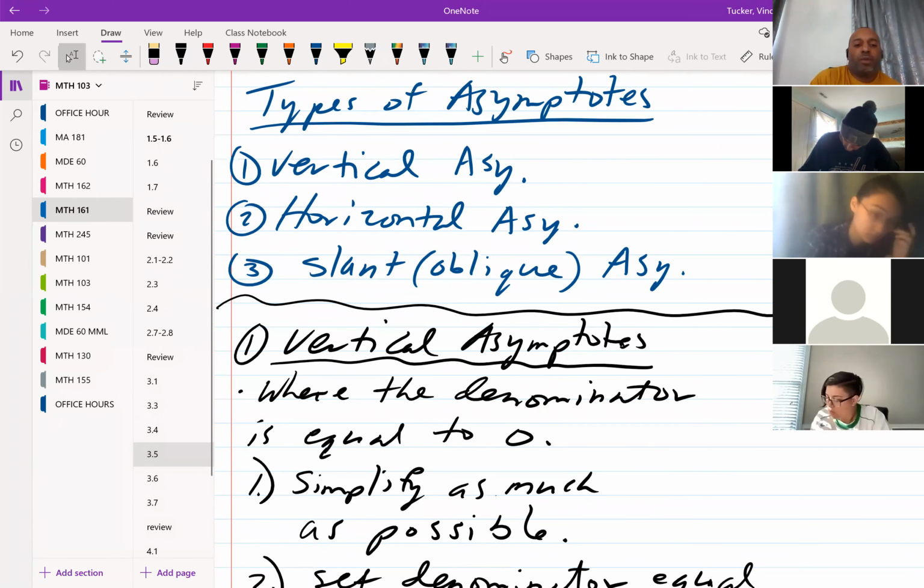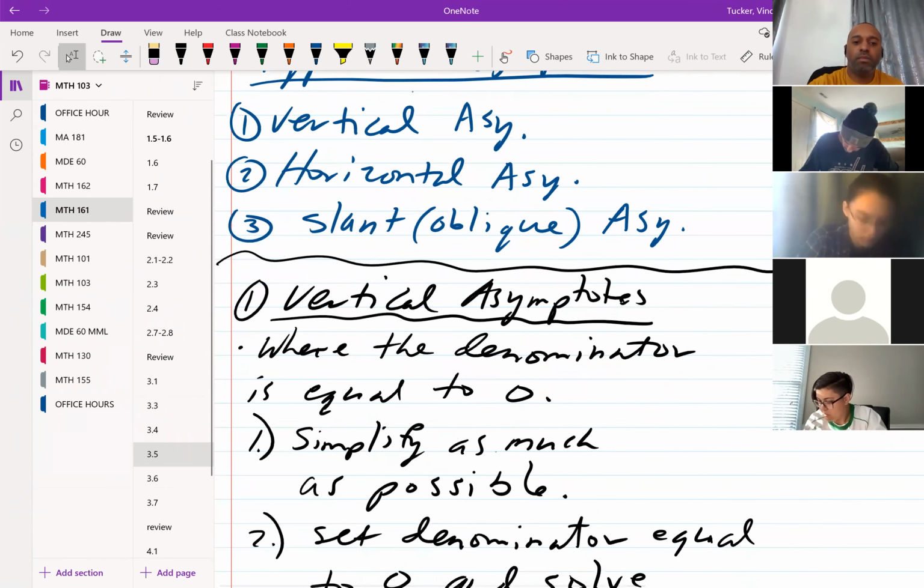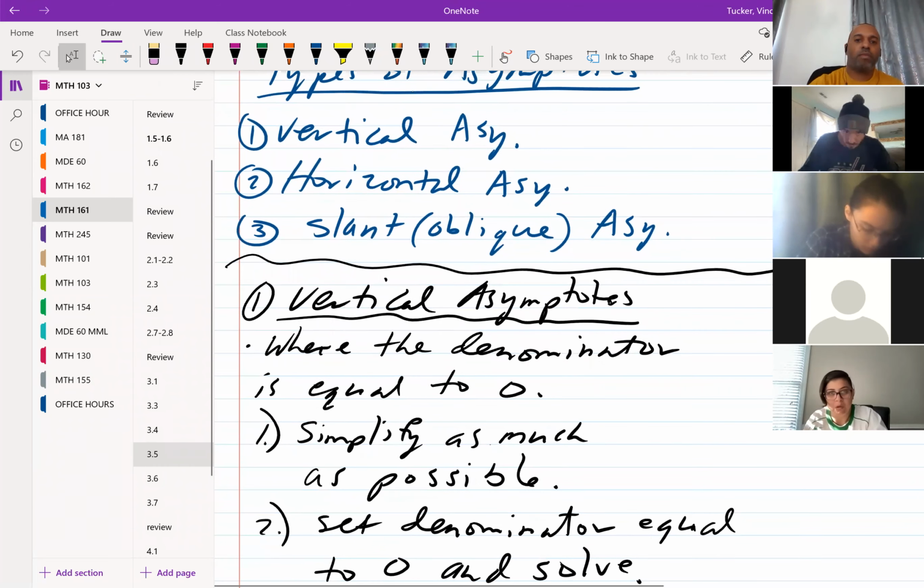Your vertical asymptote is going to be where the denominator is equal to 0. The way we will find them is first we simplify our expression as much as possible. Then we'll set our denominator equal to 0 and solve.